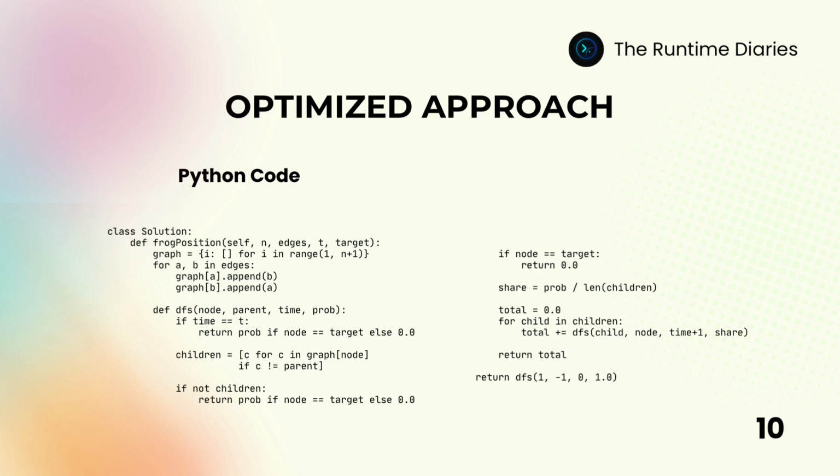Then for each child, add the result of recursively calling DFS. Return total. Finally, we call DFS starting from node 1 with parent as -1, time 0, and probability 1.0. This uses pure DFS, O of n time and O of n space.